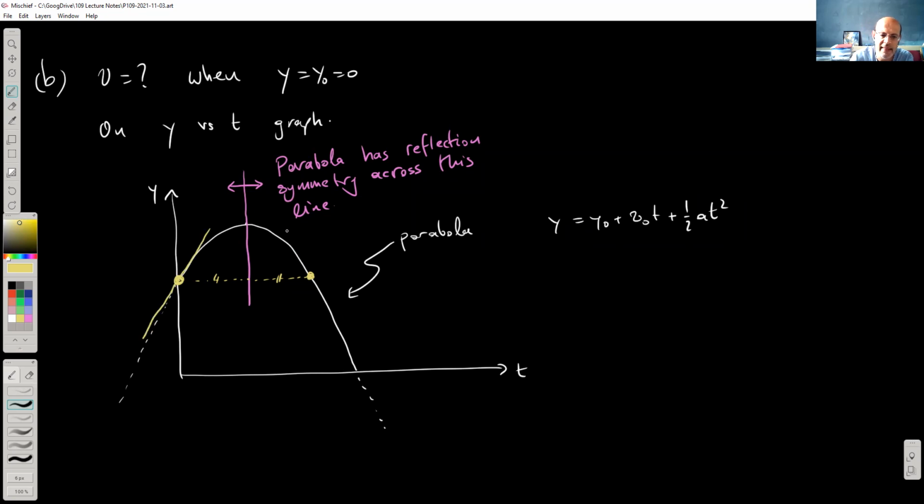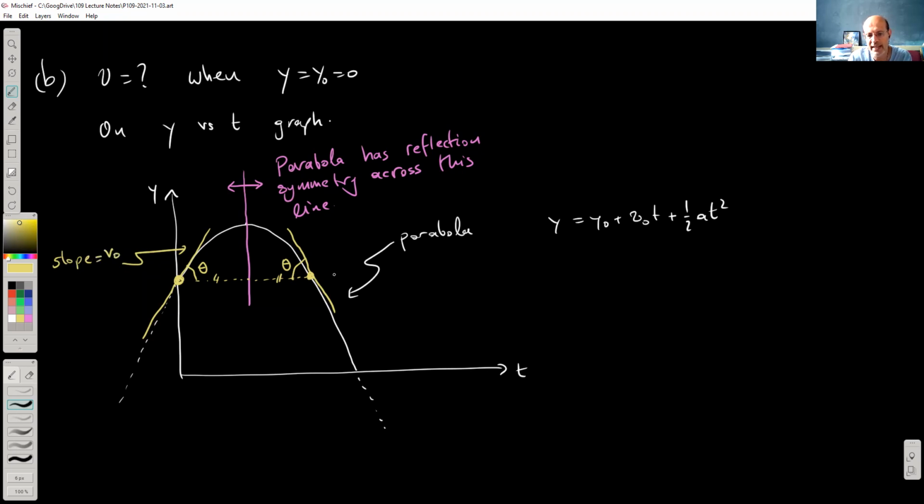I mean, the angles are the same. So as a result, that angle is the same as that angle. But the slope of that curve is positive and the slope of that curve is negative. So there's only a change in sign. So what I'm going to say in here is that the slope in here, whatever it is, let's just call it V0.